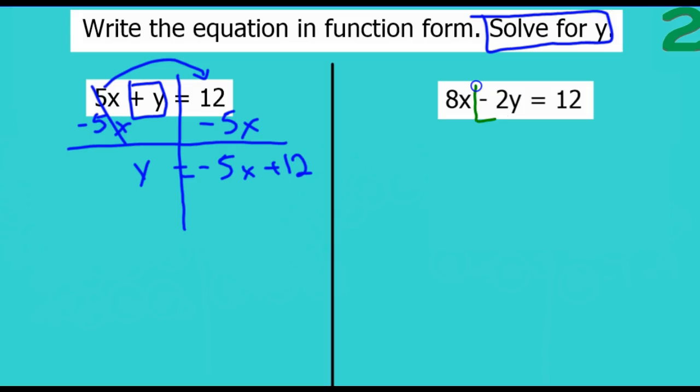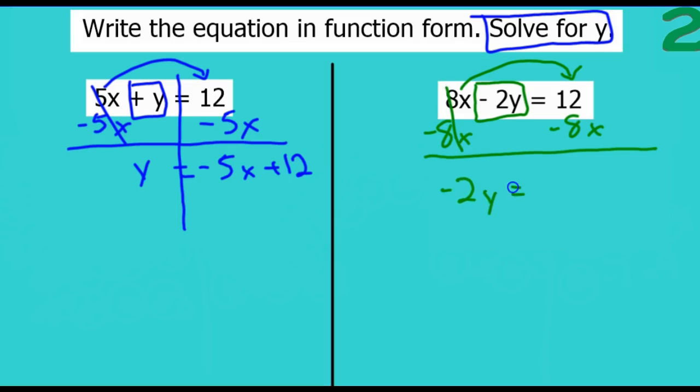Here I'm trying to get this -2y, that's what I'm going to do last. So I'm going to move the 8x over. So I'm going to subtract 8x. We get -2y equals a -8x plus 12.